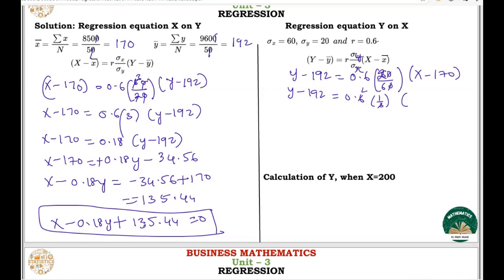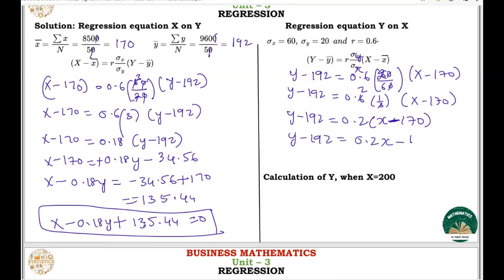It will be x minus 170. So it will be 0.2. Y minus 192 equals 0.2 into x minus 170. Now if you remove the bracket, you get y minus 192 equals 0.2x minus 0.2 into 170. 0.2 into 170 will be 34.